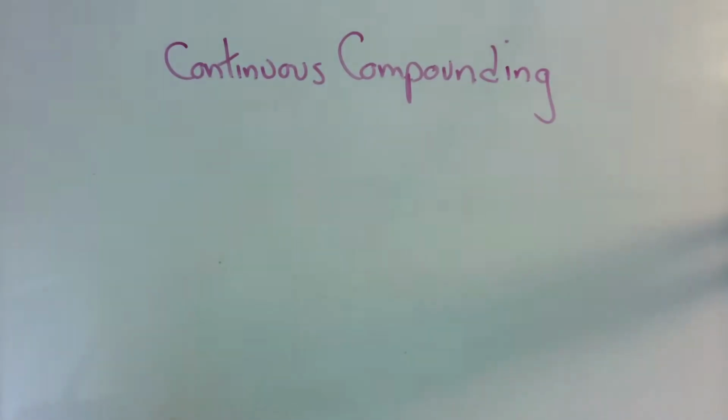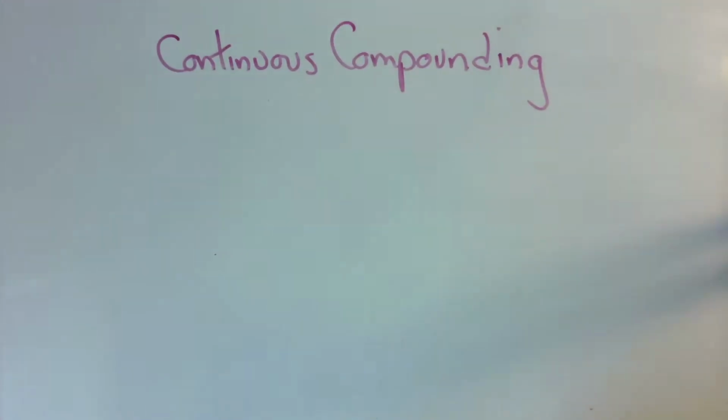Monthly interest gets calculated 12 times a year. Daily interest gets calculated 365 times a year. Continuous compounding means it is compounding like always. You can't even break down the units into which it is compounding. And how would you calculate this? Well, magically, e allows you to calculate it.